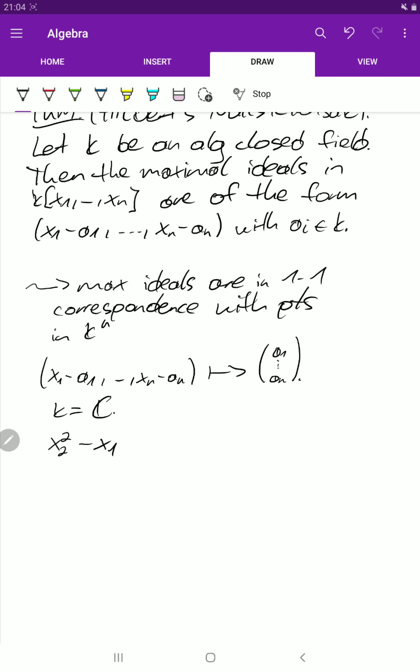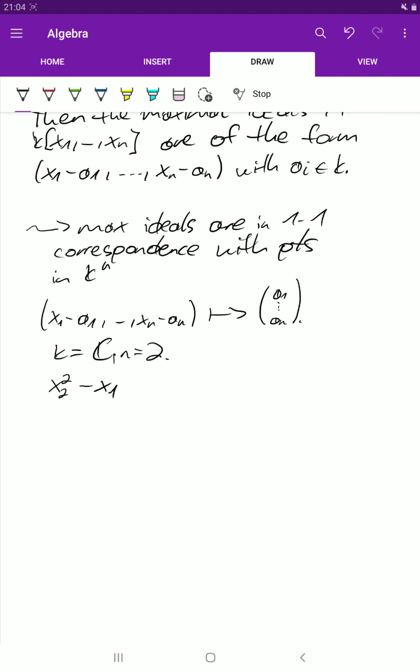So that's a polynomial in two variables, and let's call this f. That's a function. We want to evaluate it at the point (1, 0).